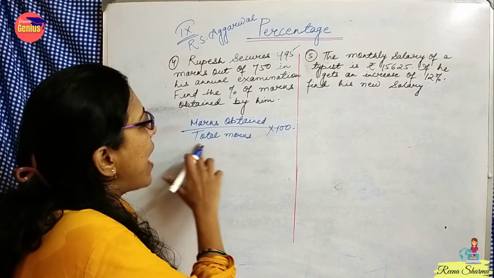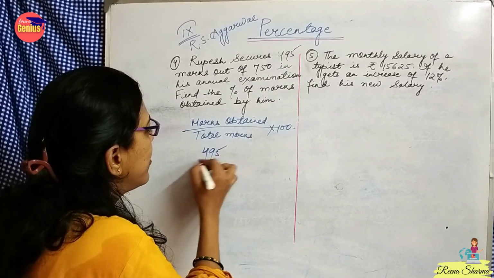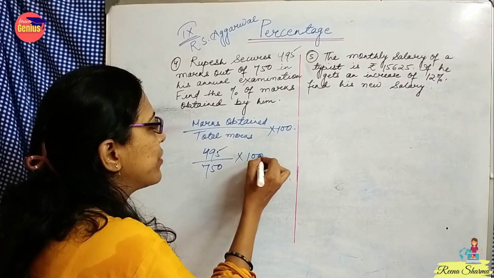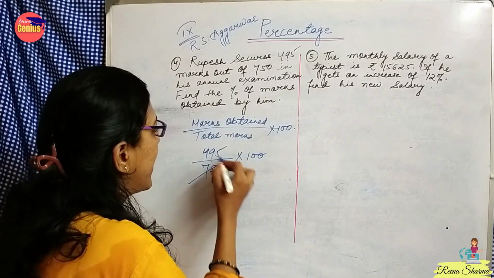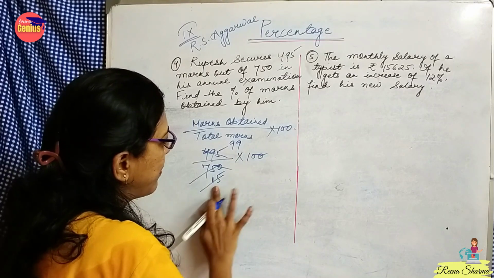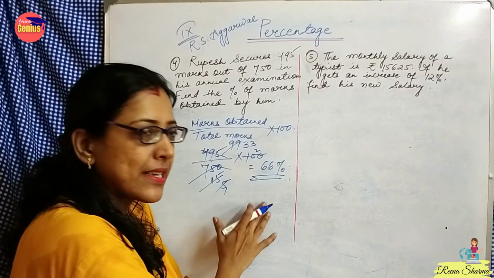So see, marks obtained is equal to 495. Now 495 divided by 750 into 100. We will simply do the calculation. This is coming as 66, with the table of 3. So he got 66% marks in his examination.